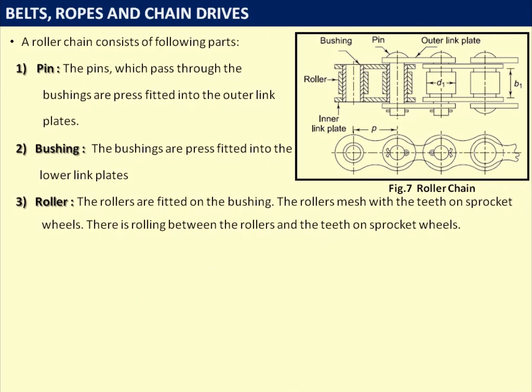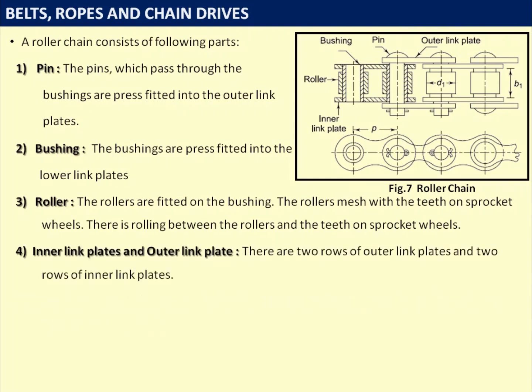There is rolling between the rollers and the teeth on sprocket wheels. And fourth, inner link plates and outer link plates. There are two rows of outer link plates and two rows of inner link plates. So in figure 7 we can clearly see there are two rows of inner link plates and two rows of outer link plates.